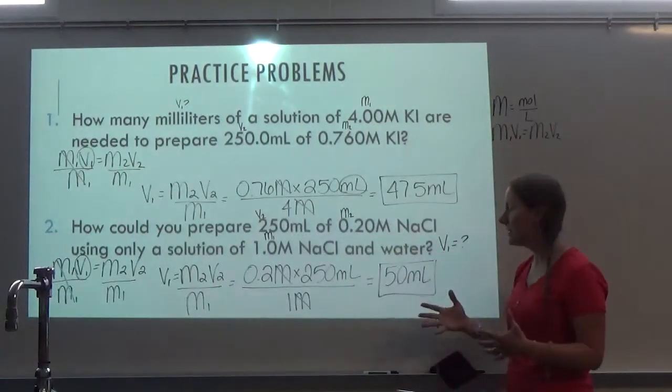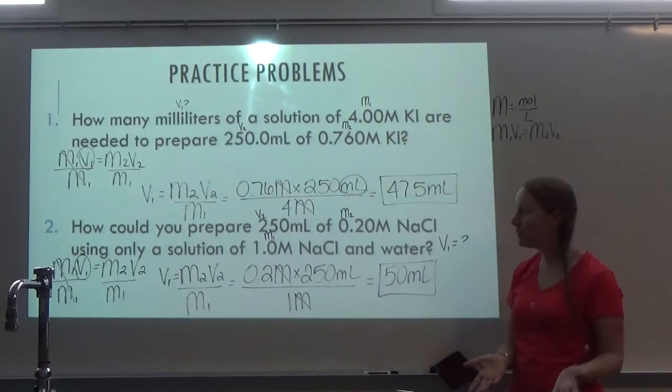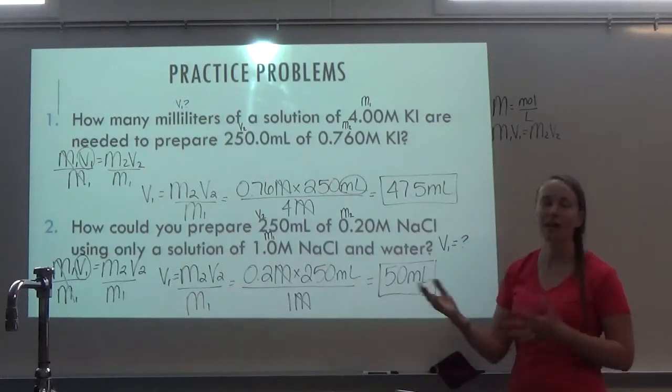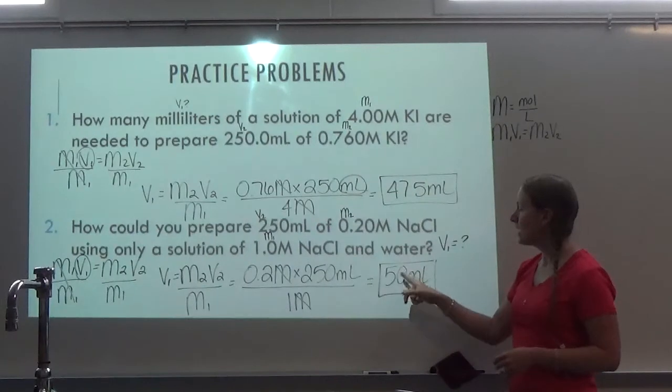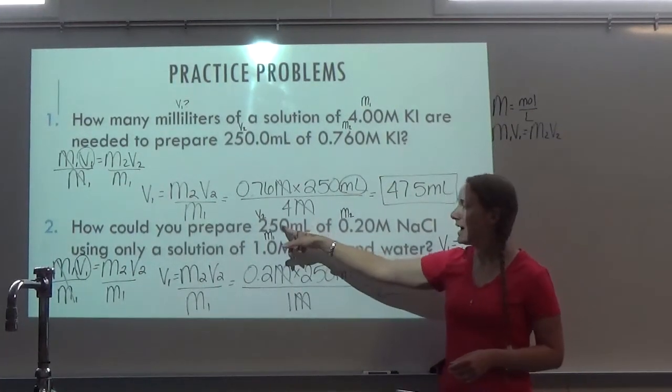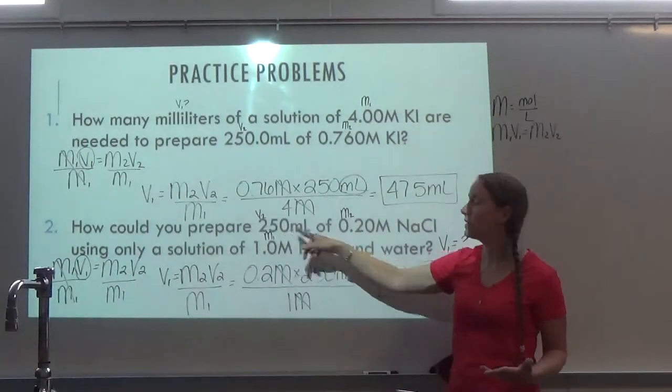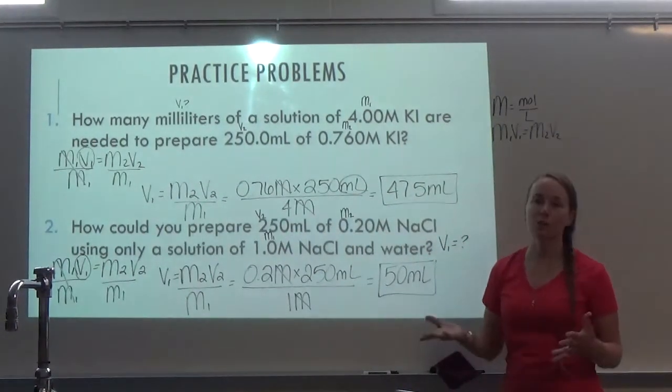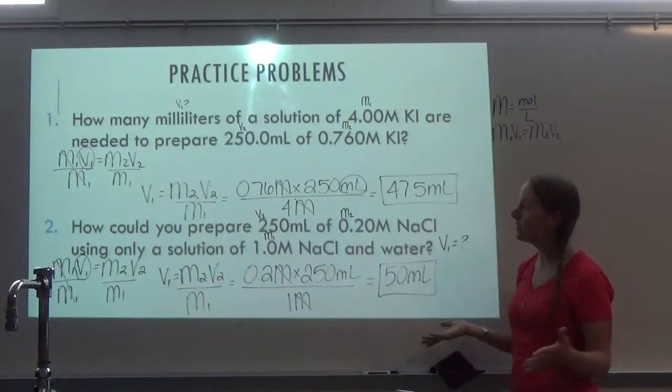So in other words, I would take a beaker or a volumetric flask or Erlenmeyer flask, depending on how precise I want it to be. I would add 50 milliliters of this NaCl solution, and then I would add 200 milliliters of water, and that would change the concentration to 0.2 molar. That's all that these calculations mean.